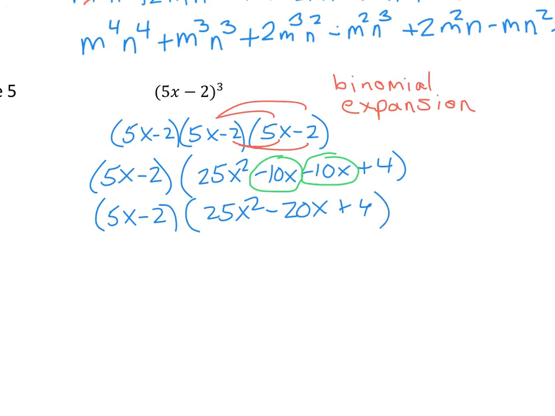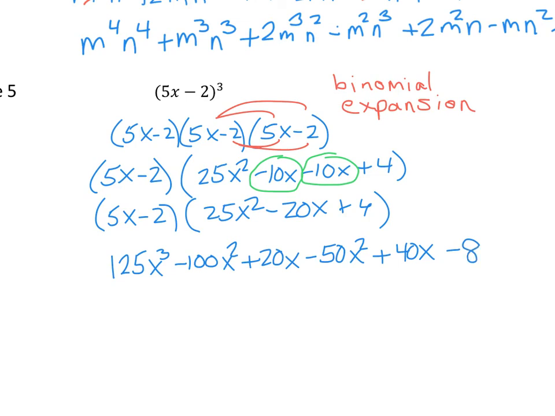And now I start to distribute with that last binomial. So I end up with 125x cubed minus 100x squared plus 20x. Now it's the negative 2's turn, minus 50x squared plus 40x minus 8. And now I start to combine like terms.